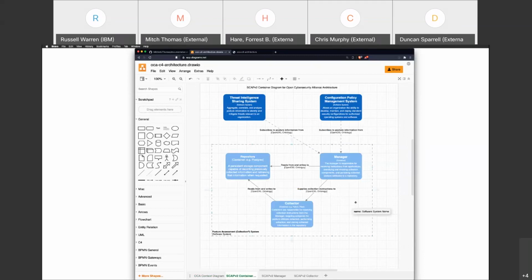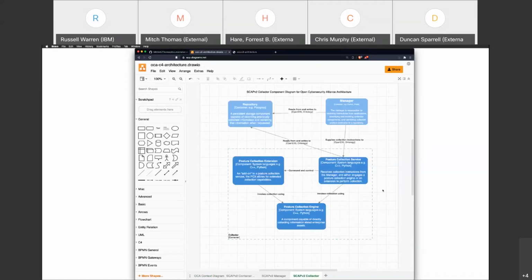Architecturally, so far everything I've talked about is just how to represent these images and so on, but this really is an architectural question. Inside of a collector, all the way down to the details, this dotted line represents a process, and inside this process we have these components, and that's why you don't see OpenDXL between these lines.